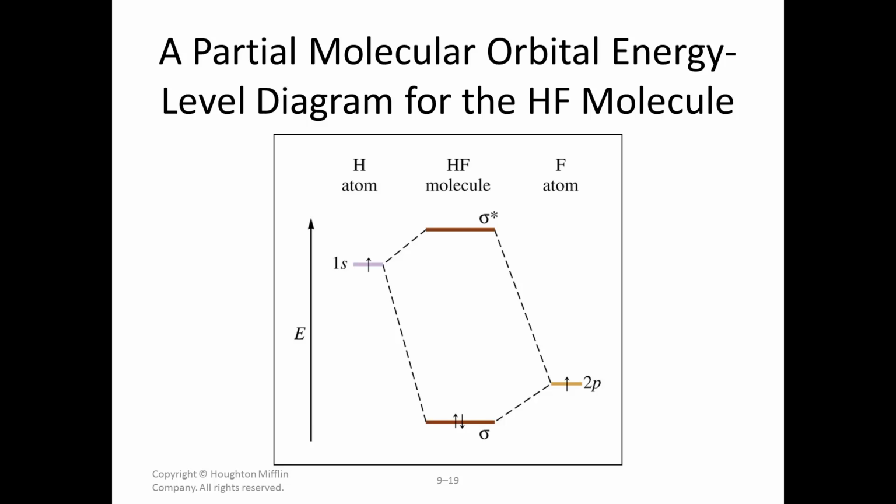Here, the fluorine 2p orbital is lower in energy because fluorine binds electrons more tightly, which means it's more stable and lower in energy. Also, the fluorine 2p orbital is closer in energy to a sigma molecular orbital. Thus, the electrons prefer to be near fluorine, giving fluorine more electron density in the final molecule.